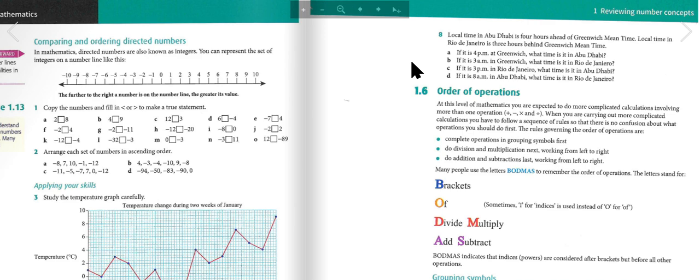If it is 3 a.m. at Greenwich, what time is it in Rio de Janeiro? If it's 3 p.m. in Rio de Janeiro, what time is it in Abu Dhabi? And if it is 8 a.m. in Abu Dhabi, what time is it in Rio de Janeiro?